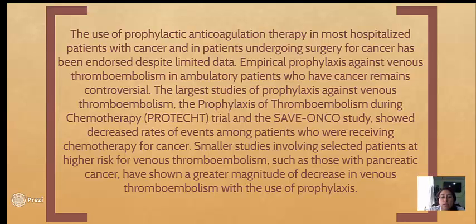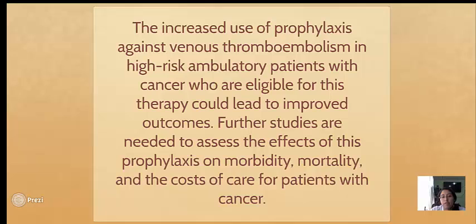Smaller studies involving select patients at the highest risk for venous thromboembolism, such as those with pancreatic cancer, have shown a greater magnitude of decrease in venous thromboembolism with the use of prophylaxis.